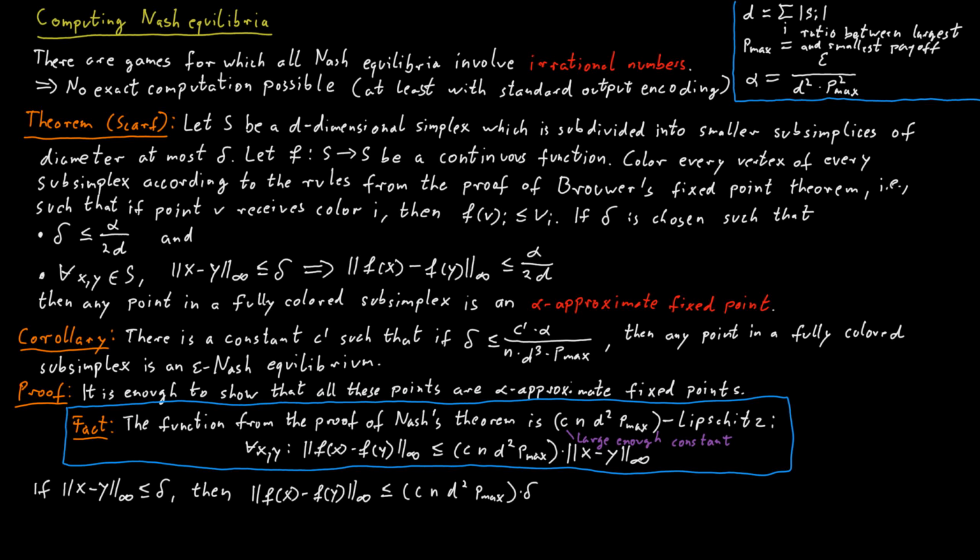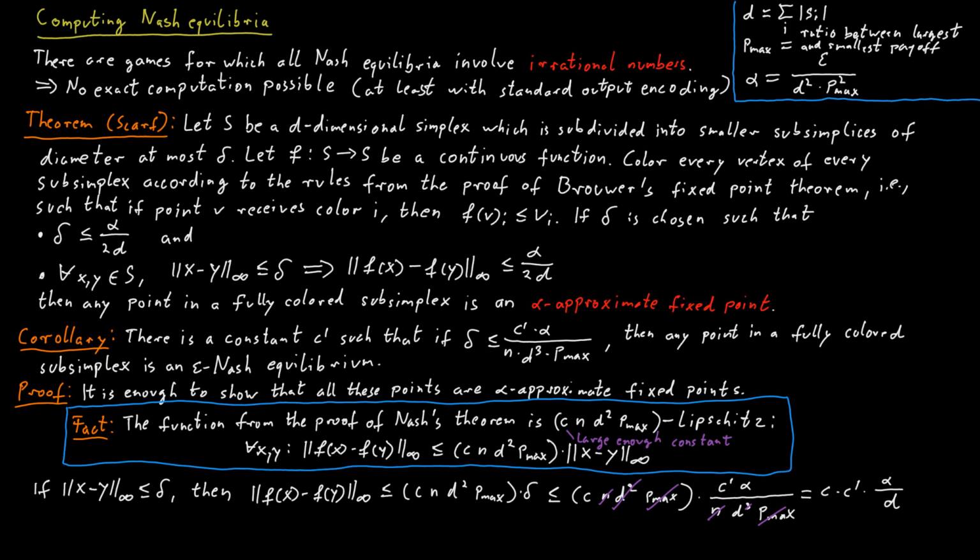And now we just plug in the bound we have for delta in the statement of the corollary, which is c prime times alpha divided by n times d cubed times p max. And then we realize that a lot of stuff just cancels out, and we are left with just c times c prime times alpha divided by d, where c and c prime are some constants.